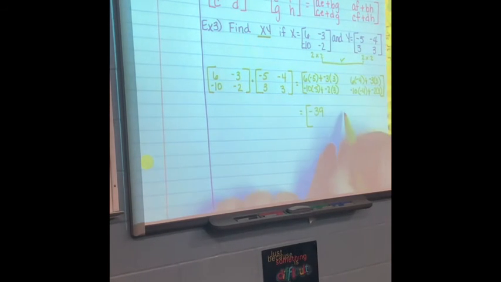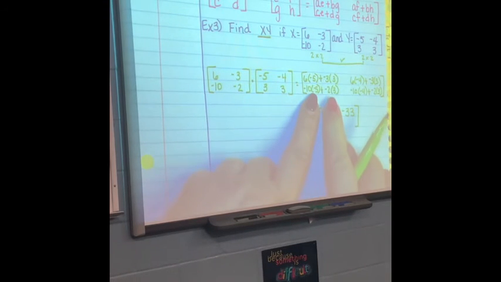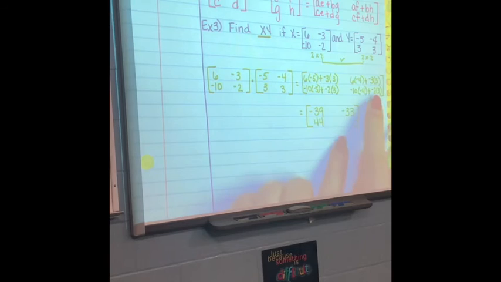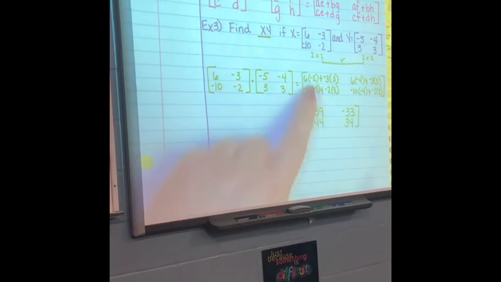Negative 33. 50 plus negative 6. 44. And 40 and negative 6. 34. And there's my new 2 by 2. Okay. All that results in this itty bitty thing.